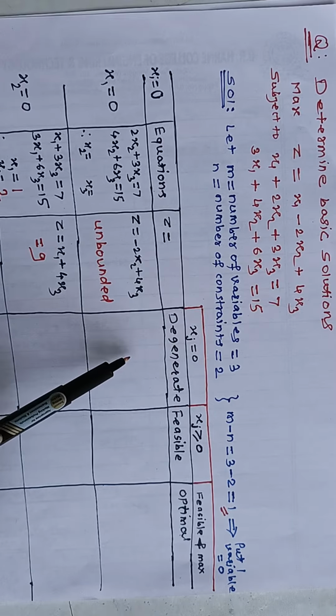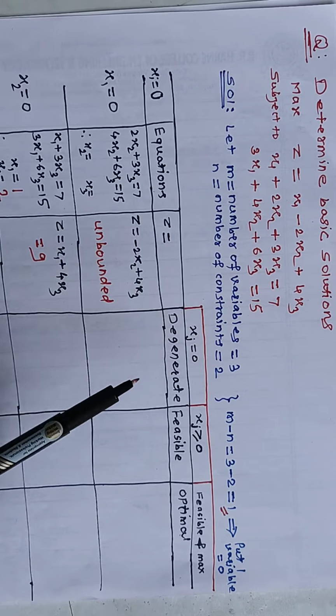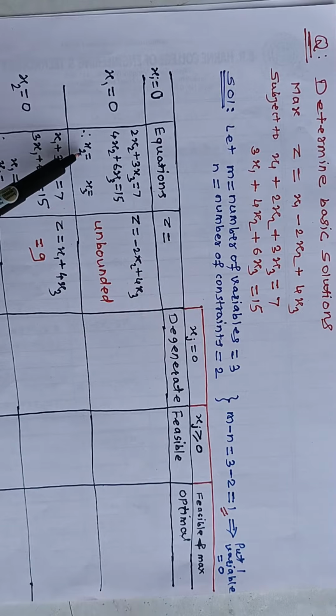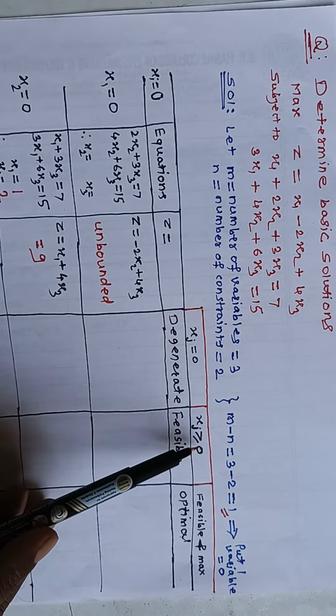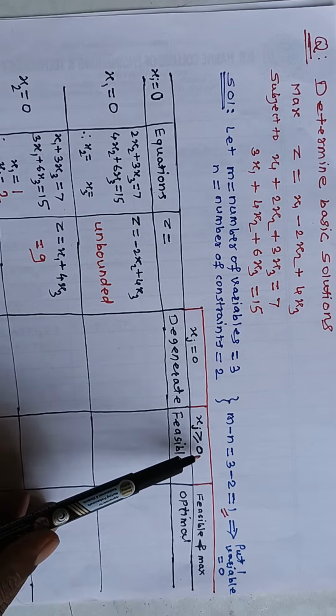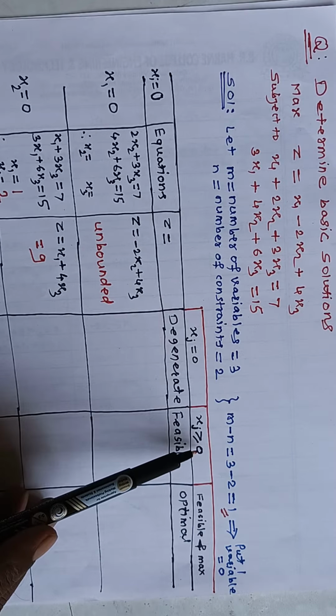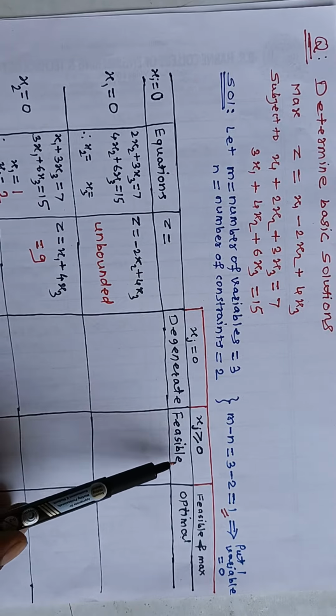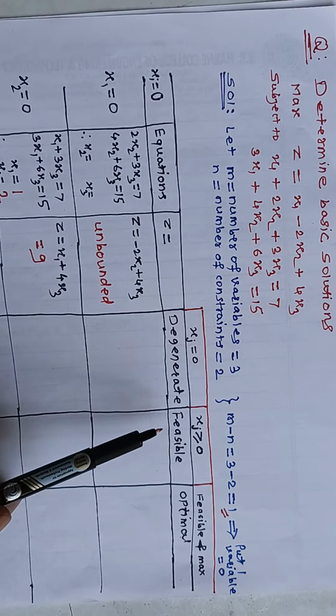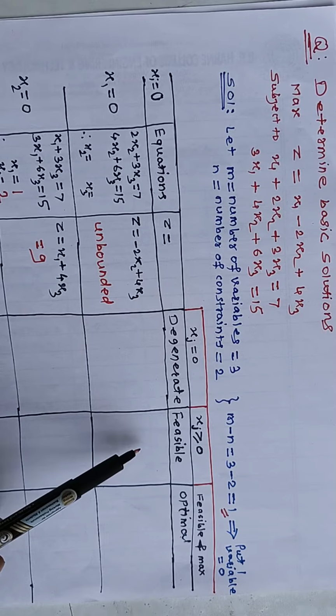We can put here yes, it is degenerate. If suppose both the variables are having values greater than 0 or any positive number, then that solution will be known as feasible solution, otherwise not feasible. You can put here no.